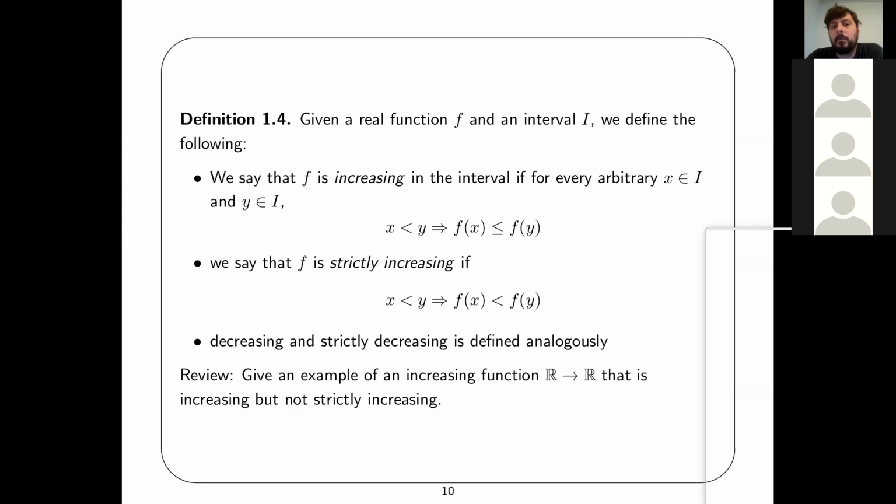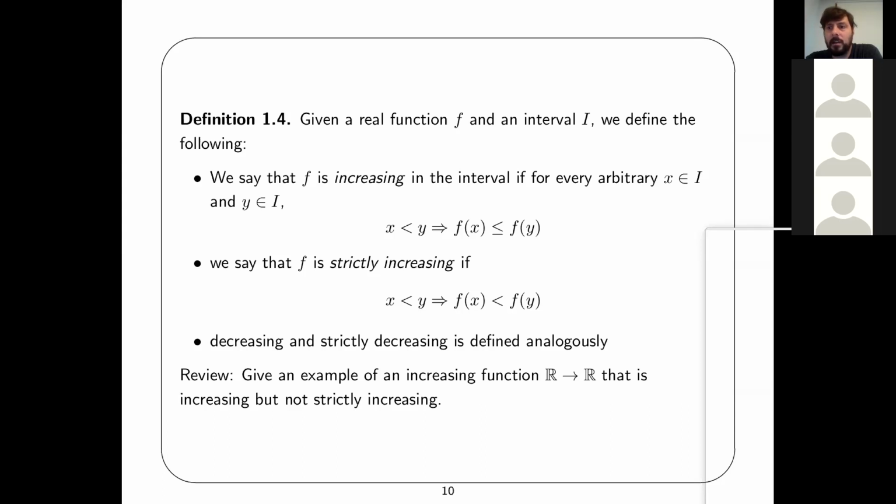We can actually prove that if it's a strictly increasing or strictly decreasing function on a certain interval, and if that interval is the domain, then it is in fact an injection. Because if you have two elements that are different, x and y are different, then f of x and f of y must also be different.